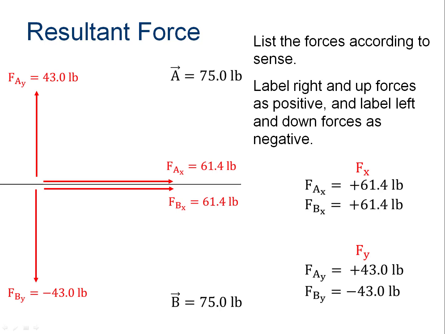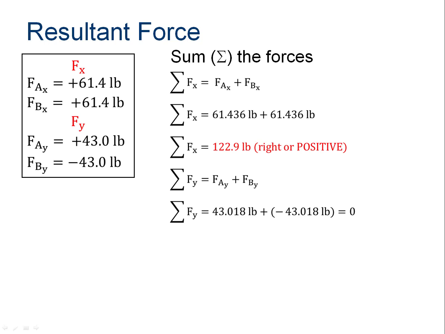So I look at the forces according to the sense. So the force A has a sense right and up. B has a sense right and down. Those are the components. Now I can sum these forces, and I can say the sum F sub x and F sub y. So let's do that. When I sum those, and that's the sigma right here, sum the forces, I get the net force in x is equal to FA sub x plus FB sub x.